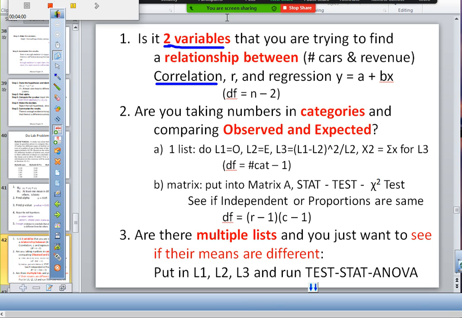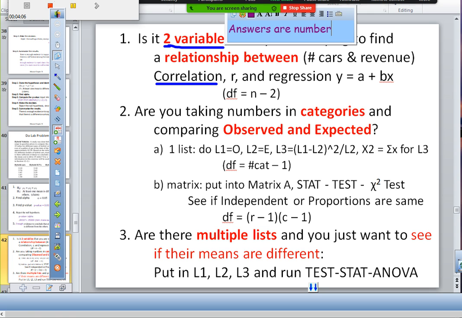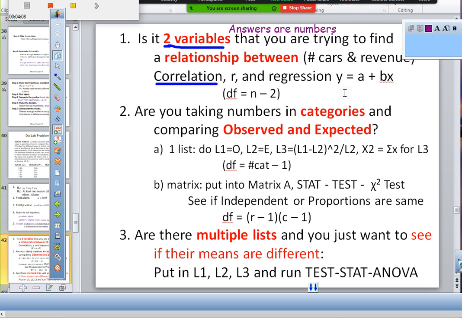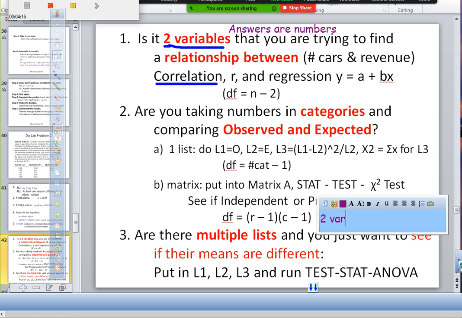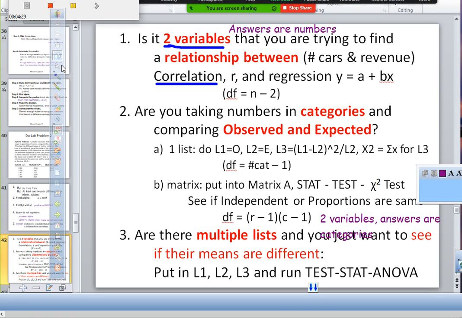This is good. 2 variables, answers are numbers, as opposed to 2 variables where your answers are categories. All right, so this one down here would be 2 variables, but the answers are categories. So that's interesting because that is kind of what the crux is between those 2.